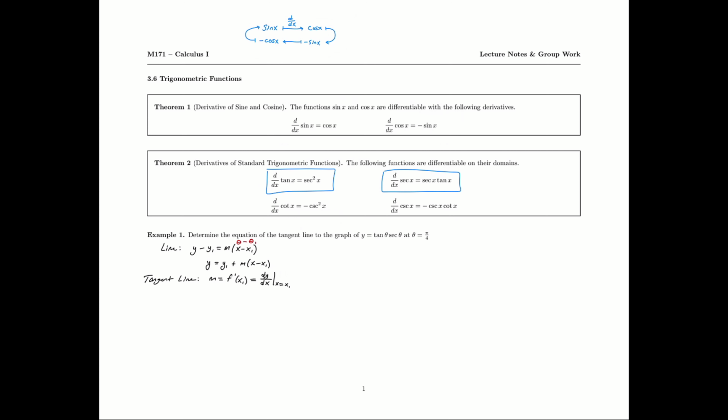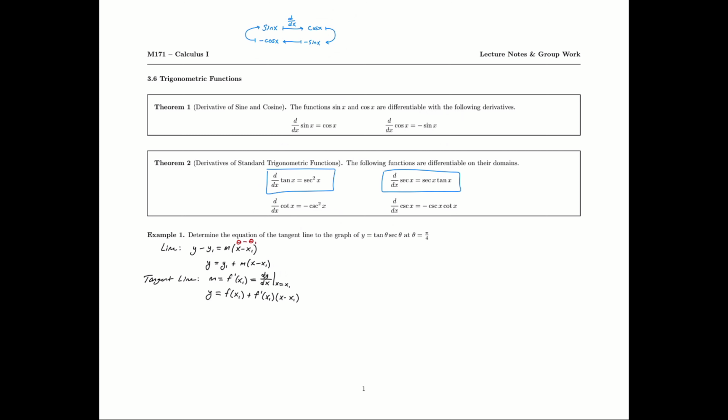So what we could do here is say that y equals, well, what's the y value? The y value is just the value of the function. So plug x1 into the original function, and then our slope is f prime of x1 times x minus x1.